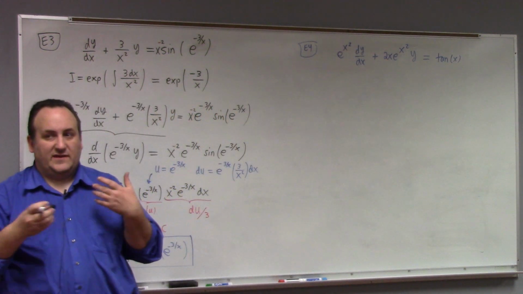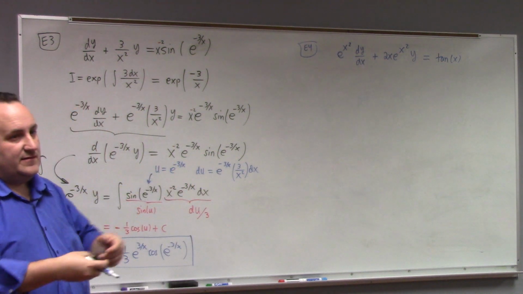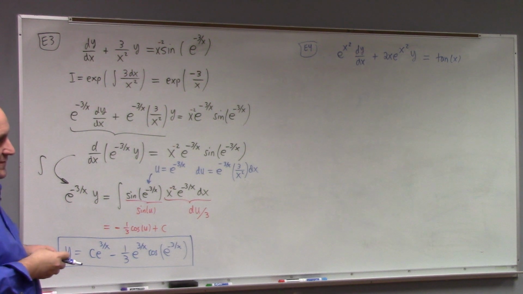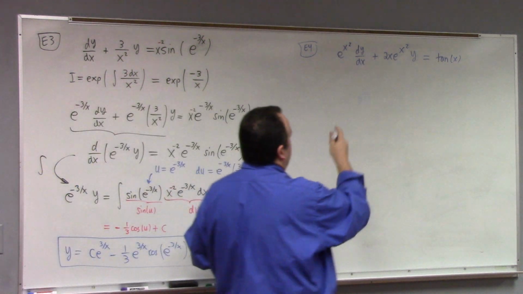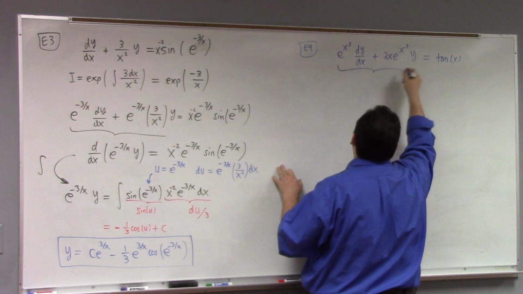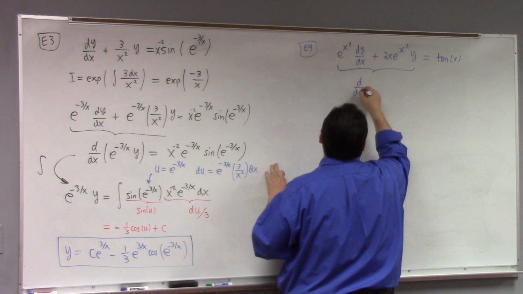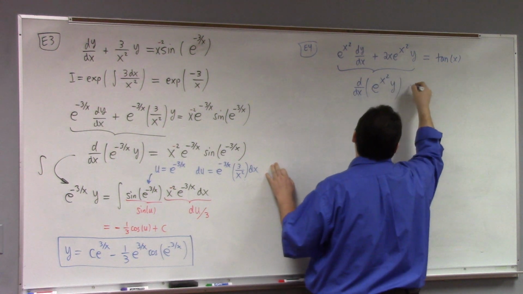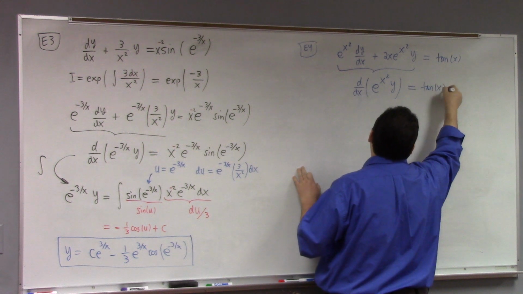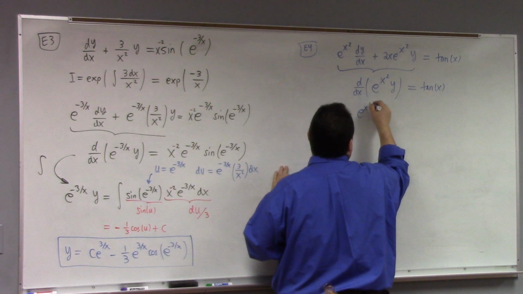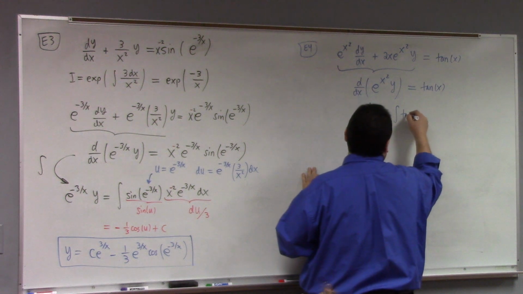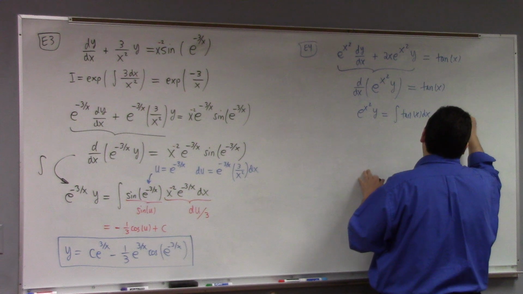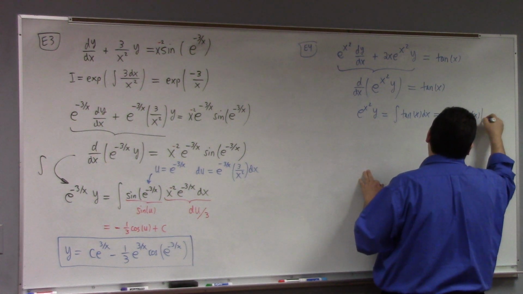This is still in the same general vicinity of the integrating factor method problem. It's just that it brings you in at like step 4. You just need to look at this and go, oh, that's really just d dx of what? Of e to the x squared times y. So we have e to the x squared times y equal to the integral of tangent x dx, which is the natural log of the absolute value of secant of x plus a constant.